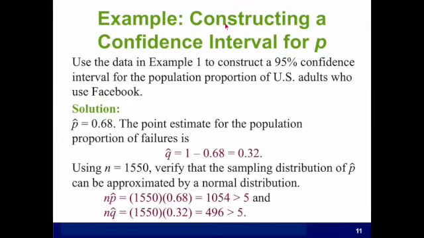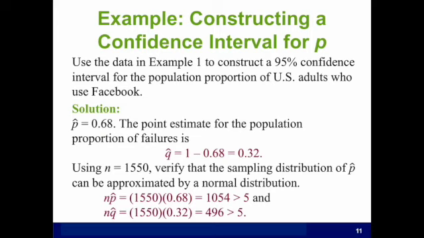Example: constructing a confidence interval for the population proportion. Use the data in example 1 to construct a 95% confidence interval for the population proportion of US adults who use Facebook. Our point estimate was 0.68. The point estimate for the population failure is 1 minus 0.68, or 0.32.